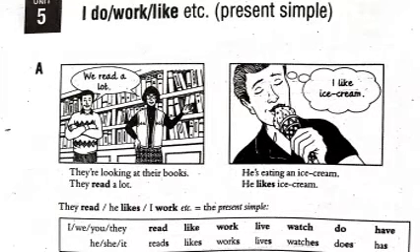He works, she works, it works. He lives, she lives, it lives. He watches, she watches, it watches. He does, she does, it does, he has, she has, it has.